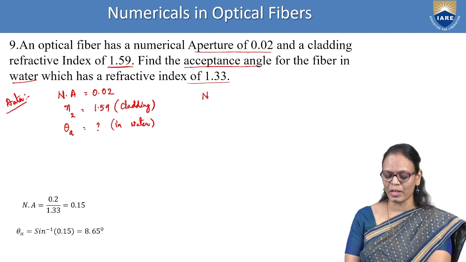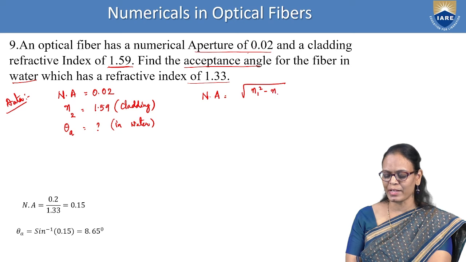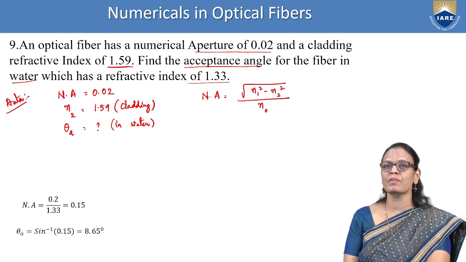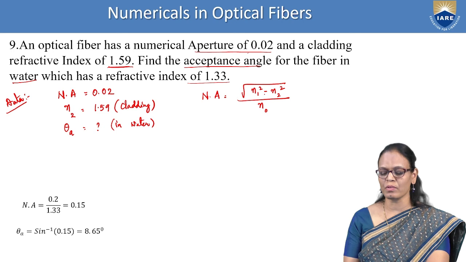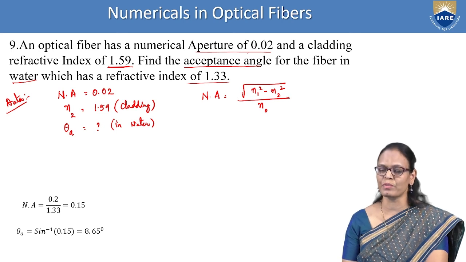So we know the formula. Numerical aperture is equal to under root n1 square minus n2 square upon n naught. Because it is in water, it is not through air. Only for air, n naught becomes 1 and we write NA is equal to under root n1 square minus n2 square.